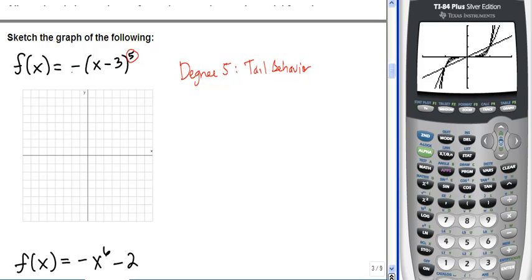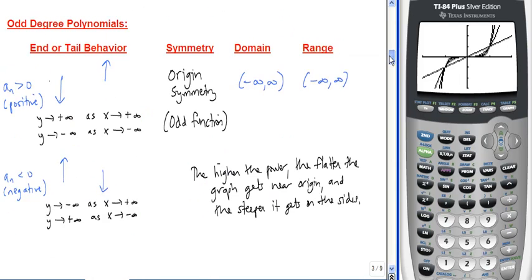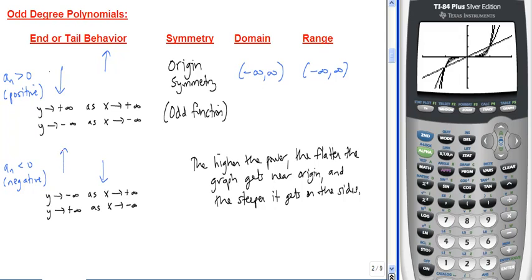And the fact that we have this negative out front is going to tell us that if we were to FOIL all this out, which you certainly do not want to do, this would have a leading term of negative x to the 5th power. So it's like a negative x to the 5th, which means, based on our conclusions up here, it has to start high and end low because it was a negative leading coefficient of an odd degree.